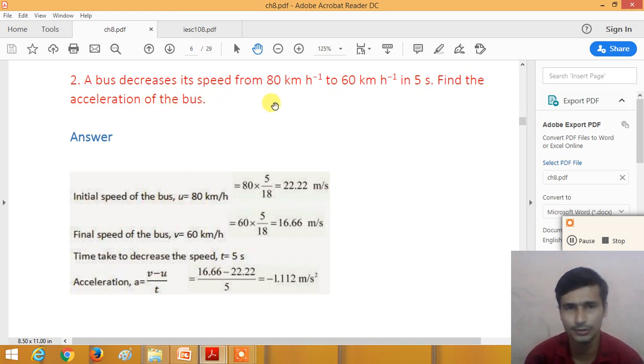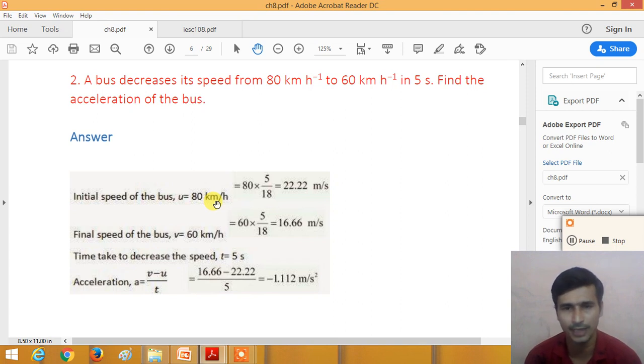Here, dear student, the initial speed of the bus is given as 80 kilometer per hour. So we write the initial speed of the bus, u, is equal to 80 kilometer per hour. Here we need to convert kilometer per hour into meter per second. How do we convert kilometer per hour into meter per second?